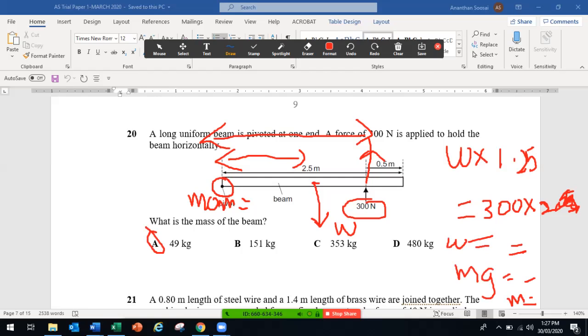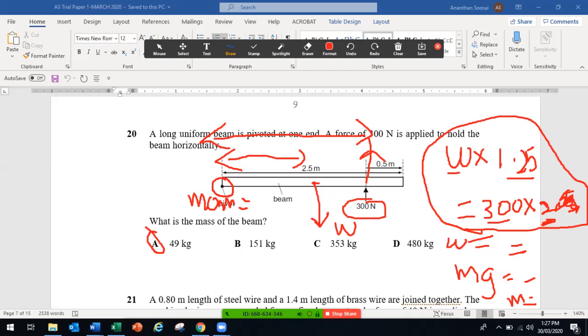Wait, can you repeat again? To understand this, the weight times 1.25 should be equivalent to 300 times 2. So now we want to find the weight.